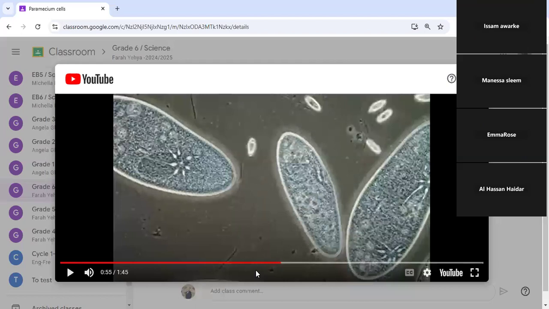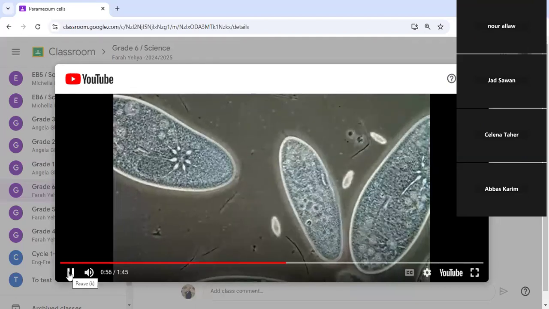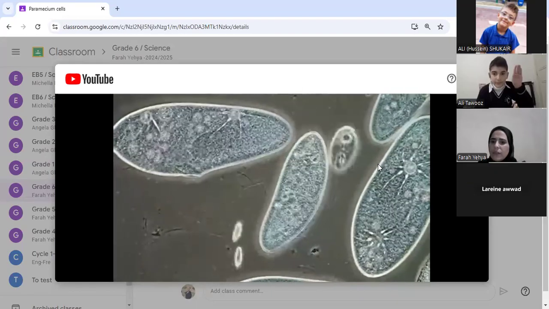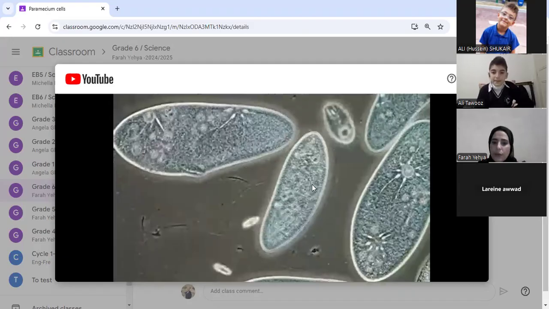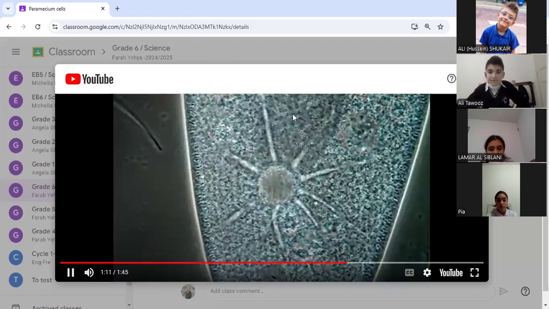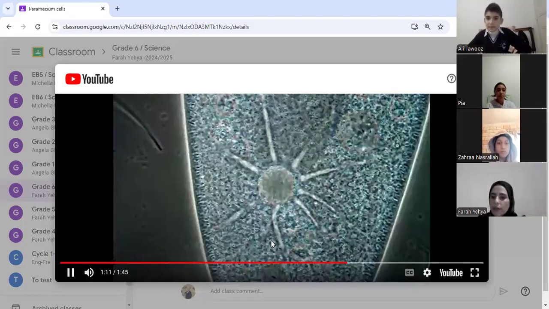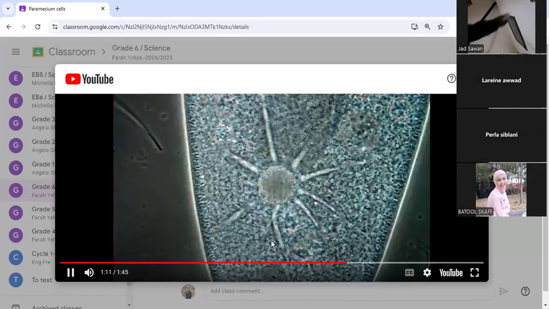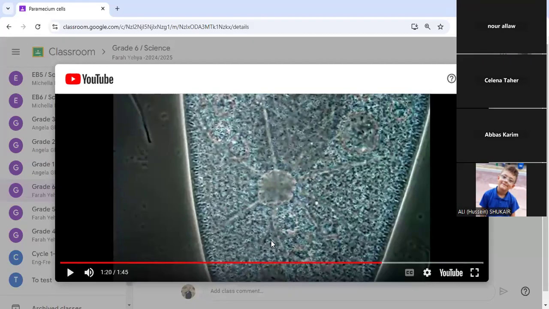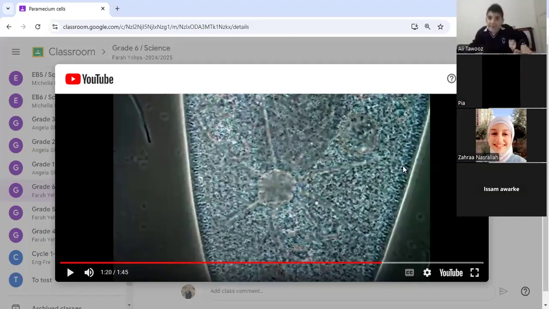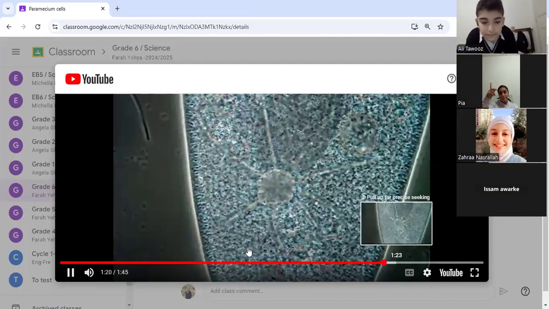Look at these paramecia. Who can tell me what are the characteristics of these paramecia? What can they do here? Tell me some characteristics about them. What about the shape?